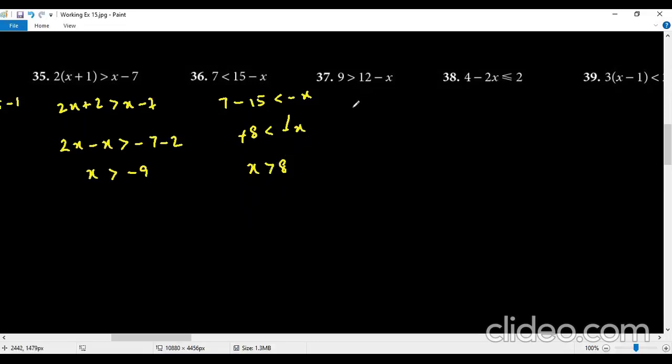When it comes to question number 37, 9 minus 12 less than minus x. That means minus 3 is greater than minus x. Minus and minus cancels. So when I write like this, the side is going to be changed. So x value should be less than 3.